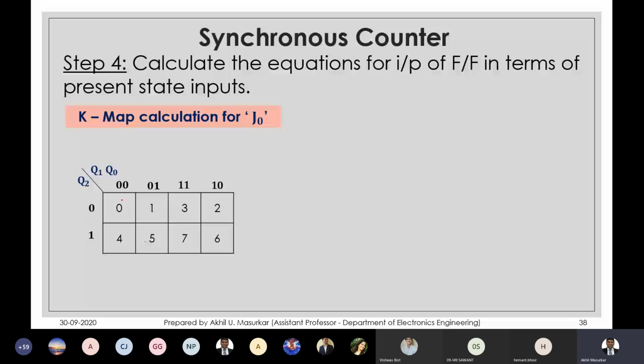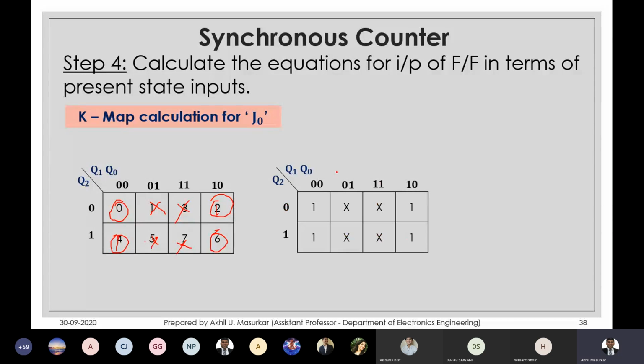It's 1, don't care, 1, don't care, 1, don't care, 1, don't care. So the K-map will be something like this. So what will be J0 now?